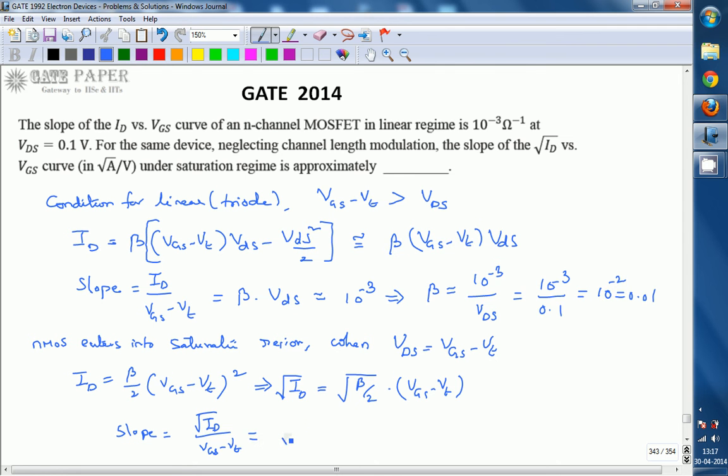This will be square root of beta by 2. Beta, as we just saw, is 0.01, divided by 2, which is square root of 0.005. So this will be around 0.07 root ampere per volt. This is the right answer. The slope of the square root of ID versus VGS curve is 0.07.